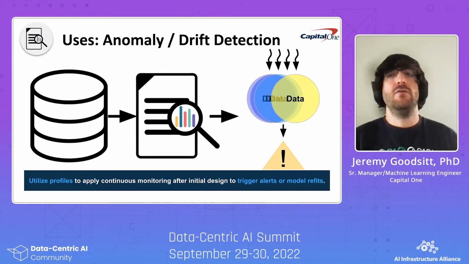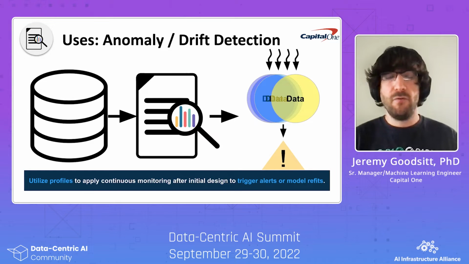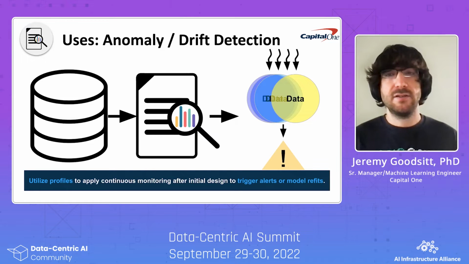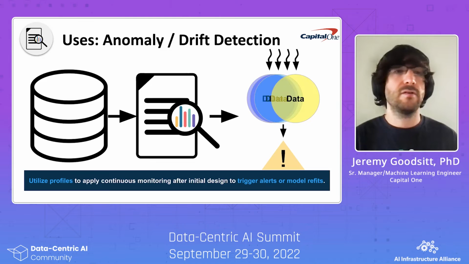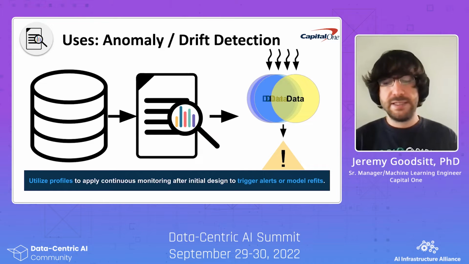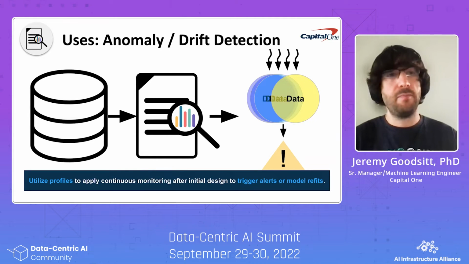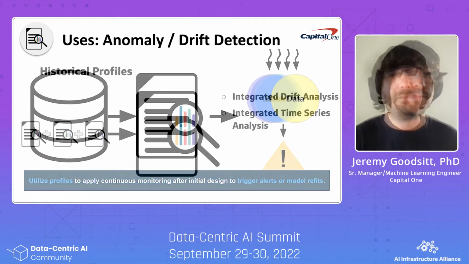Even if we don't know the bounds, we can also utilize the profiles of what we used to train the model with to create these expectations. So, as data is changing, profiles can be utilized to trigger these alerts, or at least to give guidance of where we need alerts within our pipelines to trigger these sort of events.